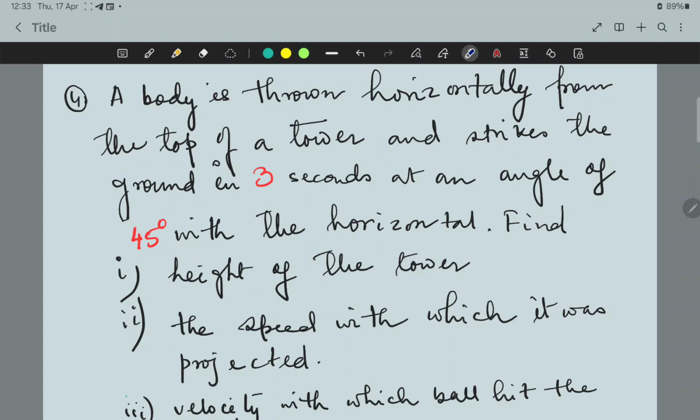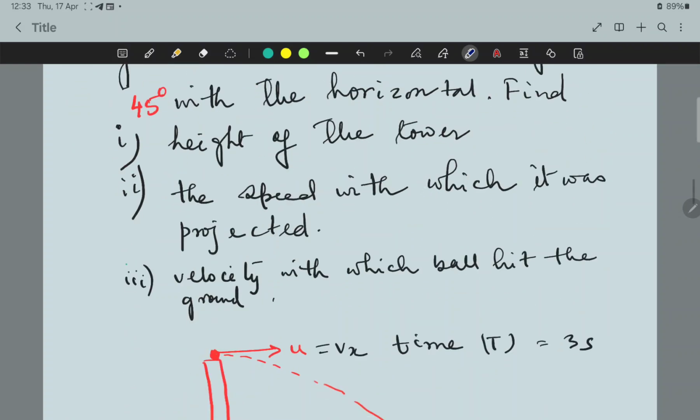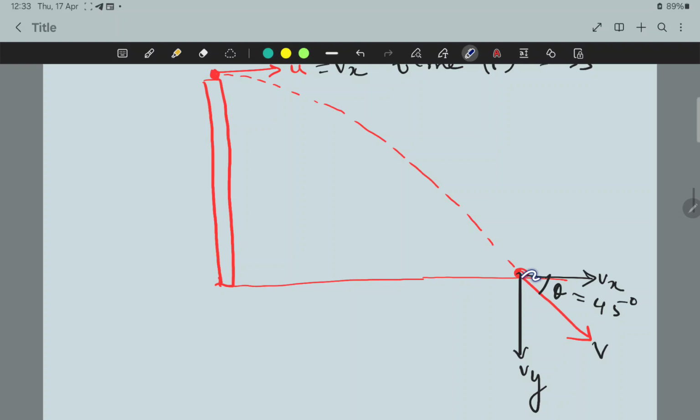Now coming to the fourth sum, here they have given that a body is thrown horizontally from the top of a tower and it is striking the ground in 3 seconds. So the time is given and the angle is also given, that is the body is hitting the ground and then moving in a direction with velocity v, and that velocity v makes an angle theta which is 45 degrees with the ground.